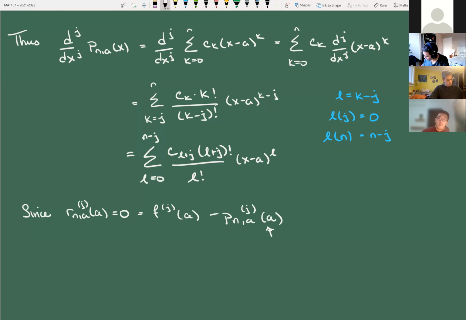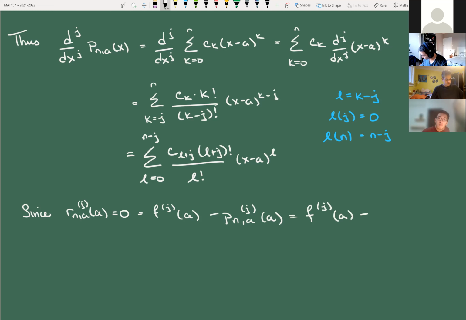And if I were to plug that a into this polynomial, almost everything is going to become 0. The only thing that's going to survive is the L equals 0 term, the term that doesn't have an x minus a in it, right? So when I plug that in, I'm going to get f^(j)(a). So the L equals 0 term is the one that survives here.